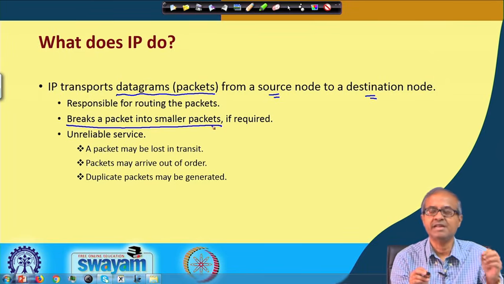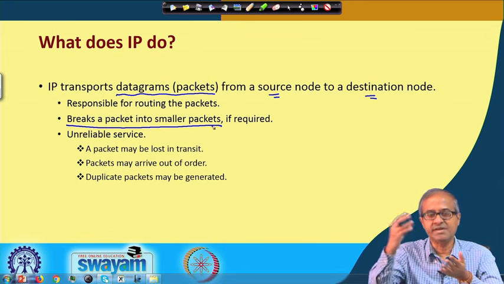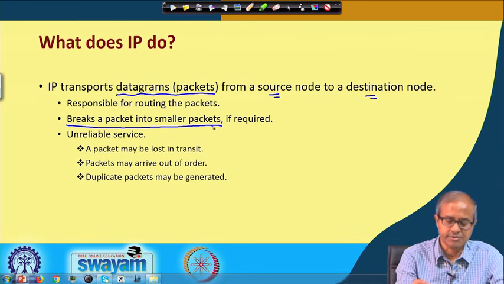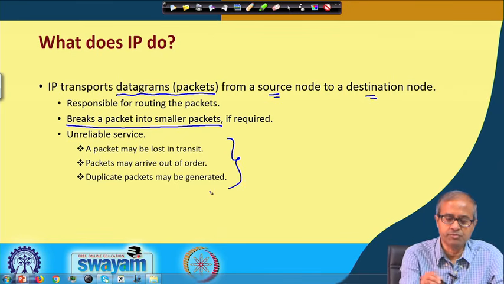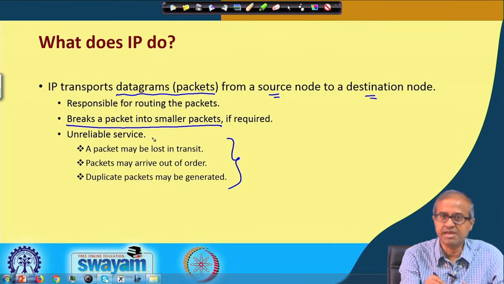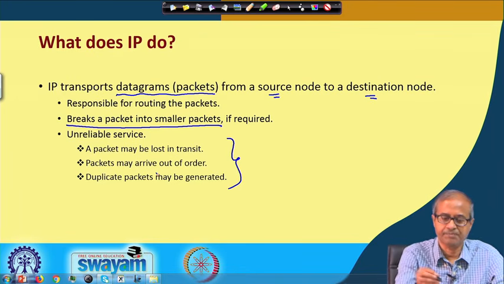Unreliable in the sense that some datagrams might get lost, some duplicates might get generated, and datagrams may be received out of order at the destination. So, such scenarios may happen. If you are using IP, you must be aware of these problems, that some packet may actually get lost.